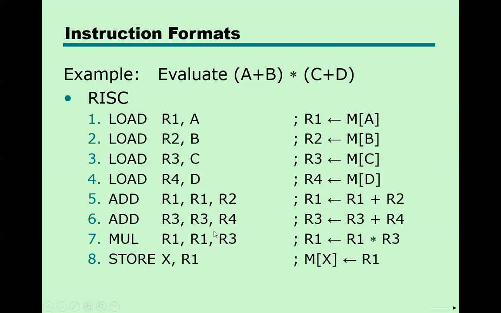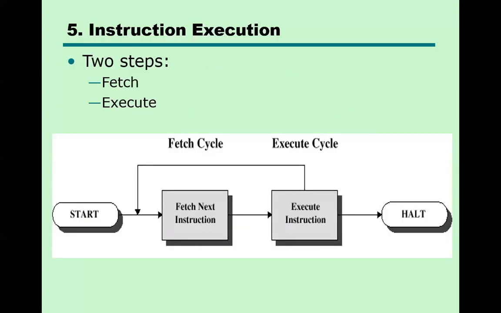After multiplication, the result is stored into R1. Then R1 holds the complete answer after evaluation, so this R1 value will be moved into the memory location X: store X. In this way, RISC evaluates this instruction.